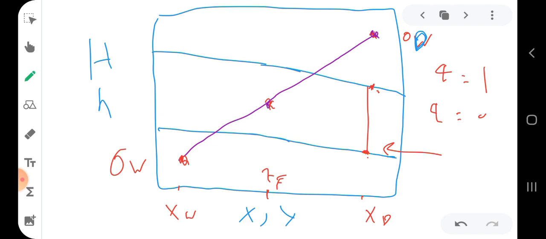So at the end of the day, I will stop at this point, which is at xD. Now, how I can continue to determine the number of stages? I need the equilibrium data.